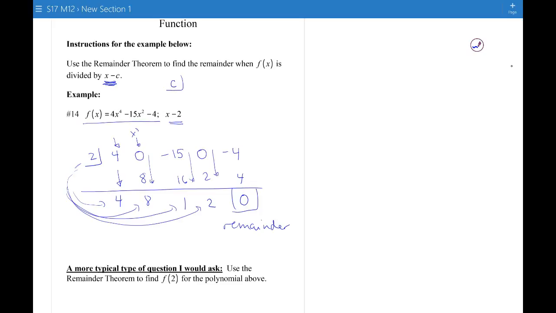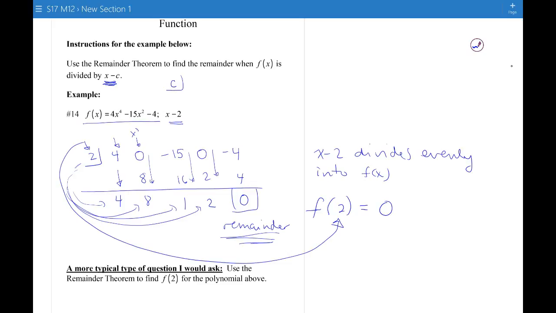That means x minus 2 divides evenly into f of x because the remainder is 0. And that also means that f of 2 equals 0.